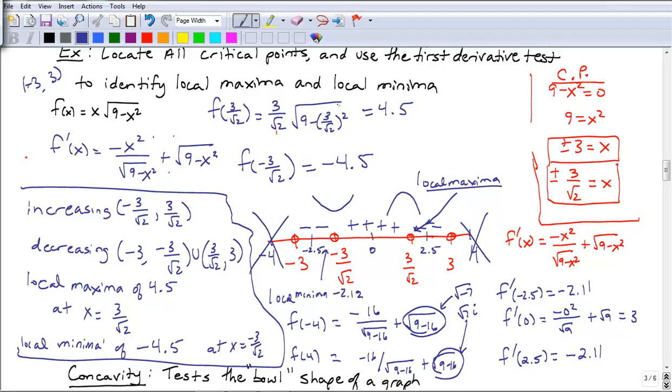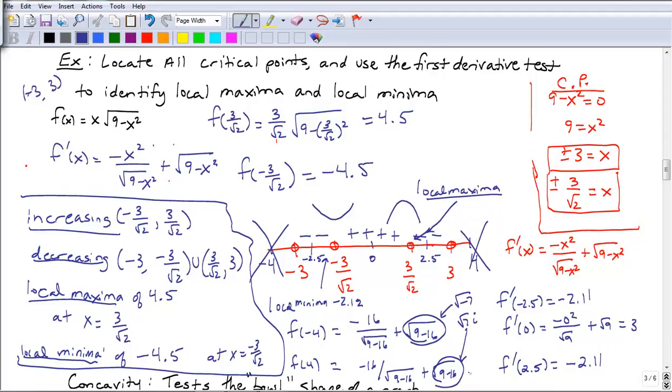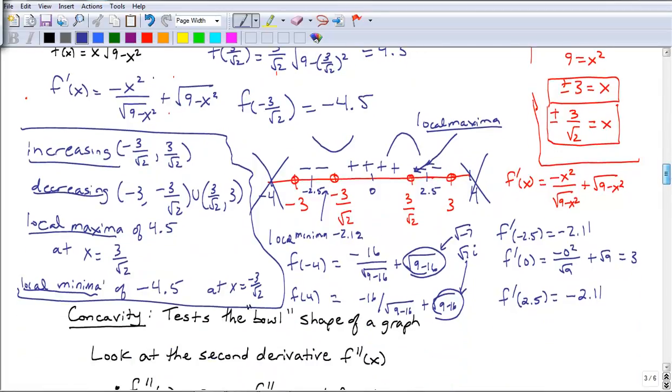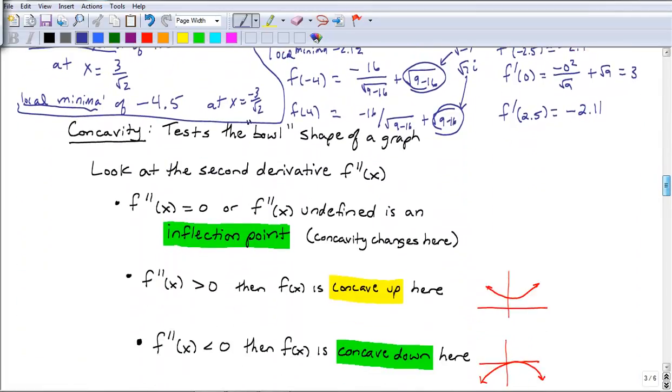And the reason why is the x squared won't change what happens under the square root, but the negative will just make that negative 3 over root 2. So I figured out all the increasing, decreasing, local maxes and local mins, and where they occur. Notice when I get i's out of my answer, then I don't have to worry about that as an increasing or decreasing part of the graph. Usually it's because it's outside the domain of the graph.